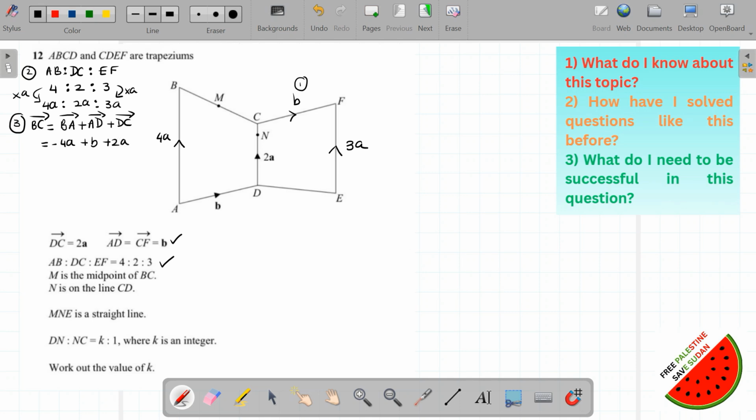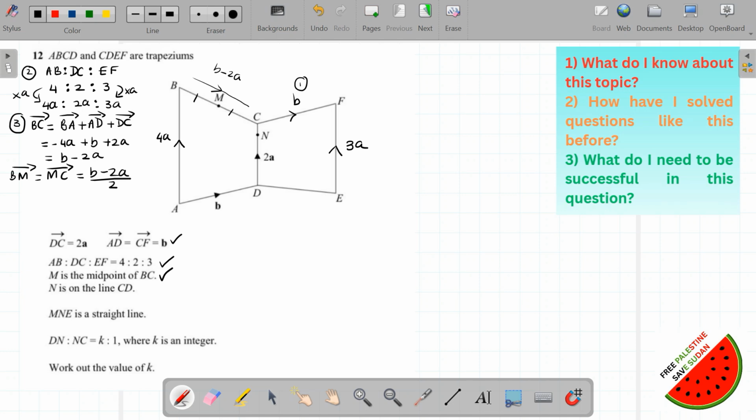Now minus 4a plus 2a will be minus 2a, so I can write this as b minus 2a. So that's BC. The whole of BC is b minus 2a, which means that BM, because M is the midpoint, is equal to MC, which is equal to (b minus 2a) divided by 2. Okay, so we've done this so far.